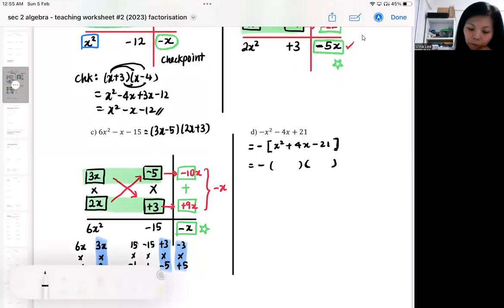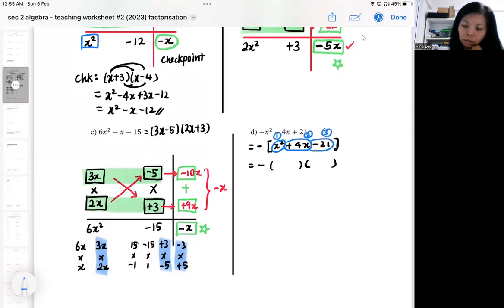So I will be getting my two brackets based on this part, based on 1, 2, 3. You will realize that it will be easier to factorize with just x squared instead of minus x squared.